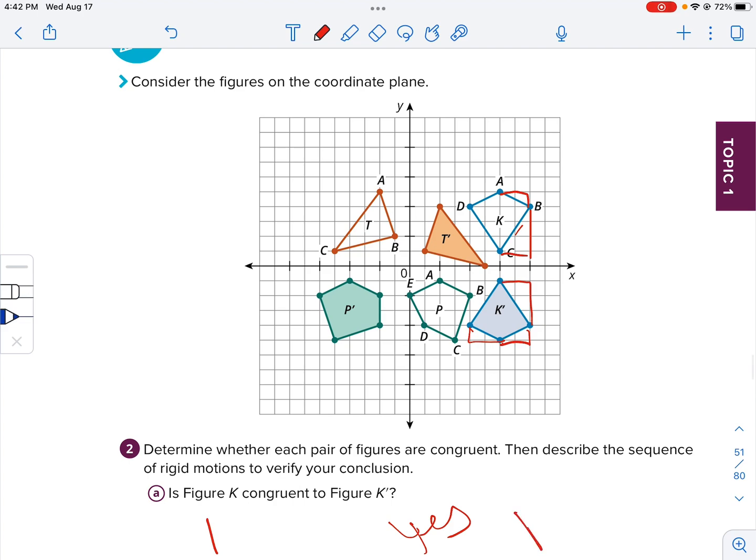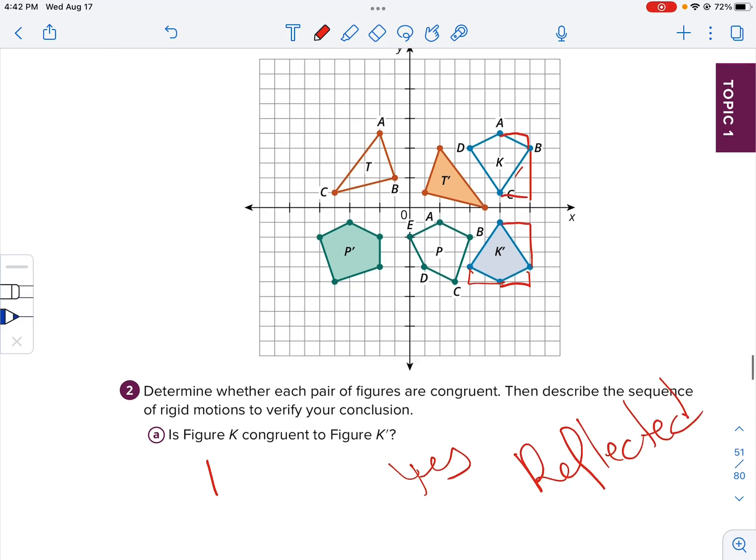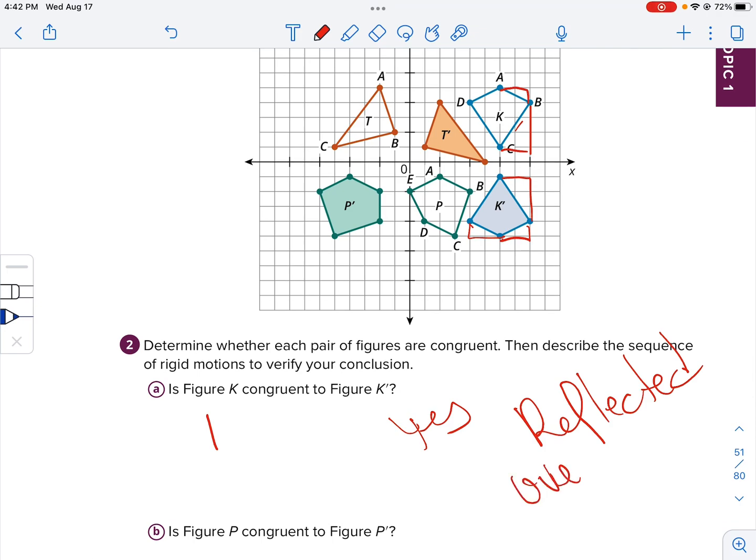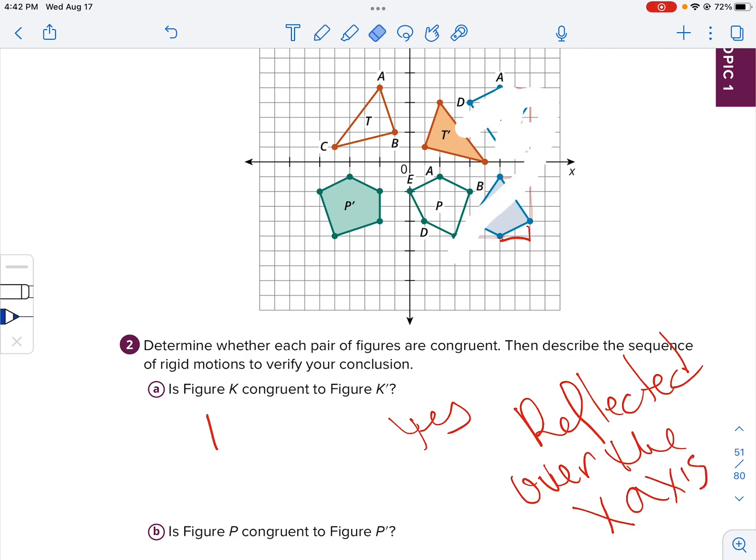So what did it do? It reflected over the X axis. Okay. P to P prime. Well, let's look at it.